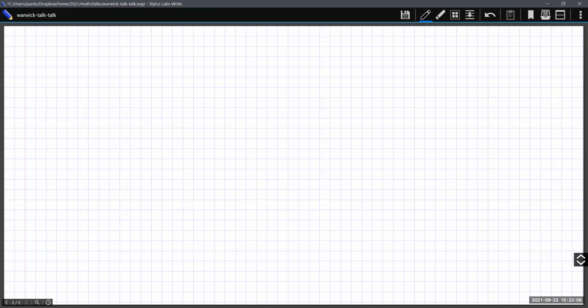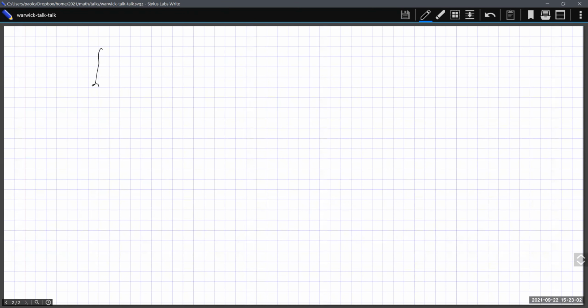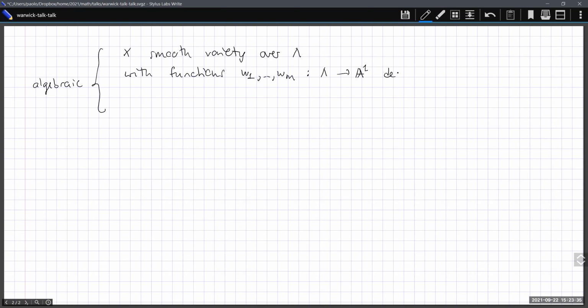So what is the simplest way that I could say what mirror symmetry is? The algebraic geometry side of mirror symmetry would be like this: you have a smooth variety X over this one here, with functions, say W_1, ..., W_m, defined over this slightly bigger ring.